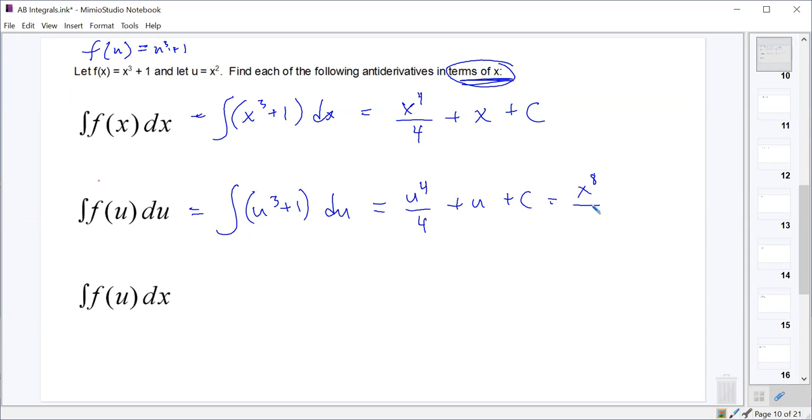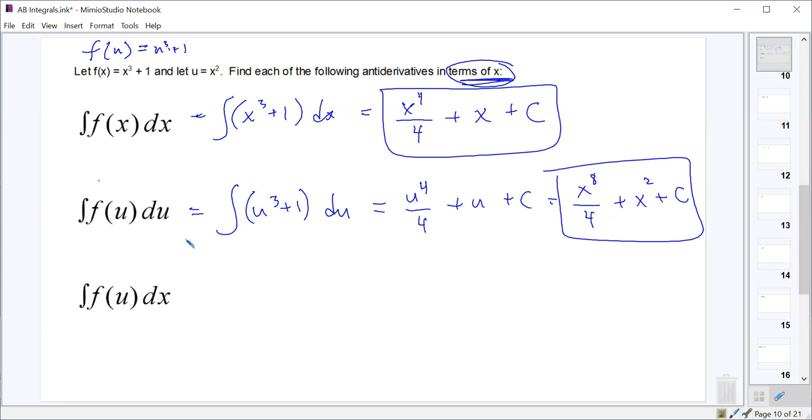It gives us x to the 8th over 4 plus x squared plus c. And so we can see that these two things, if I have f of u du and f of x dx, those are very different, right? The variables and what they're defined as greatly affect the value of the integral.